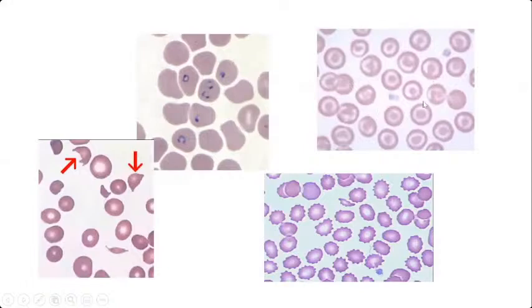There's also another condition. You may see them in splenectomy, but not too much. Which other disease do we see lots of target cells in? This slide was actually taken from that.